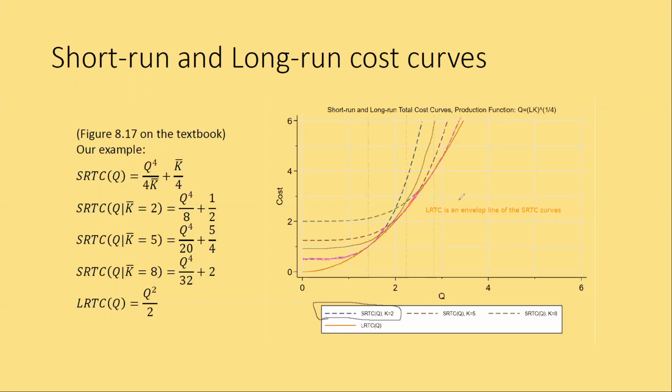There could be another short-run total cost curve that looks like this, and it will happen to touch this pink point. So it is below the blue line, the red line, and the green line that we have on the graph. And at this point, the long-run total cost curve will take the value of this brown short-run total cost curve that we didn't draw.